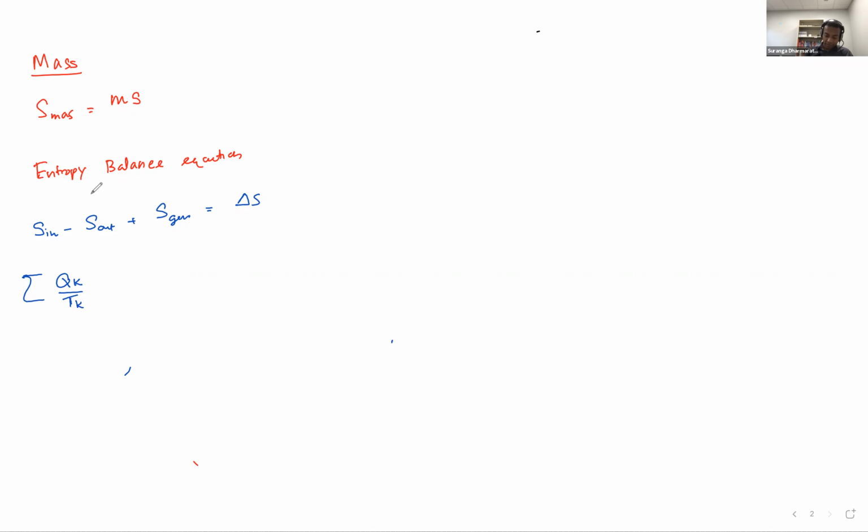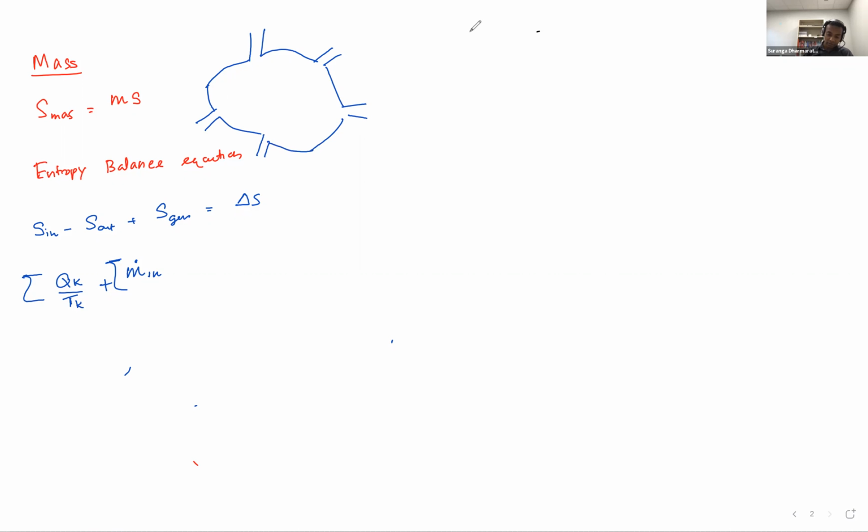For mass, you can write plus m dot ins. There may be several locations where mass can come into the system, if the system has several inlets and outlets like this.